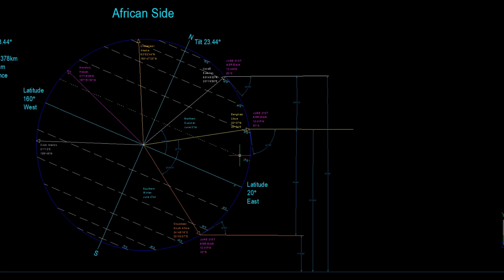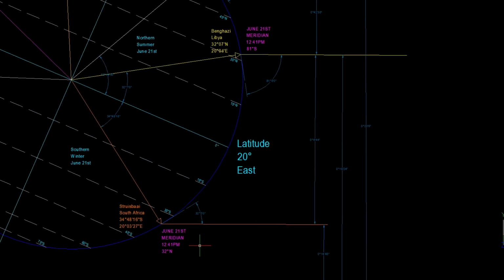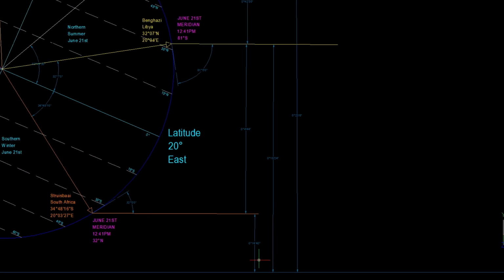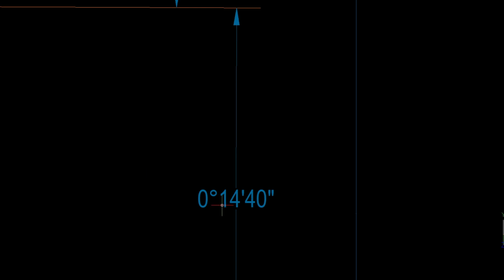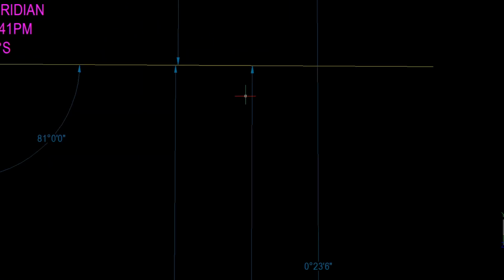So basically the top north side is pointing at the sun, and as you can see, the angles at June 21st, which is the summer solstice for the northern hemisphere, are within 1 degree of level, given the accuracy of that time and date tool.